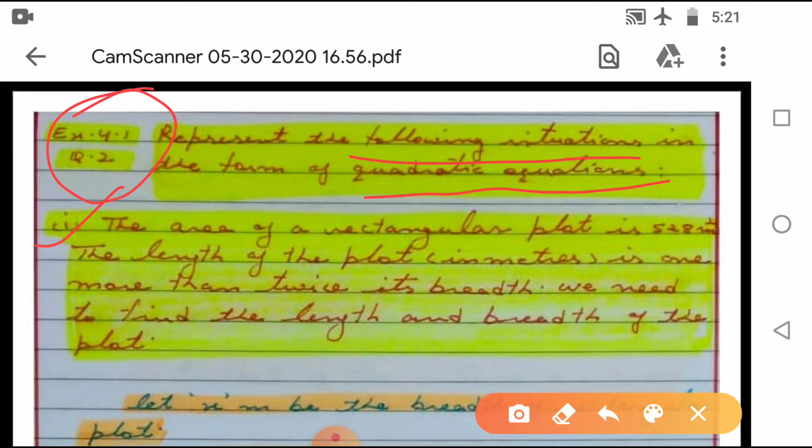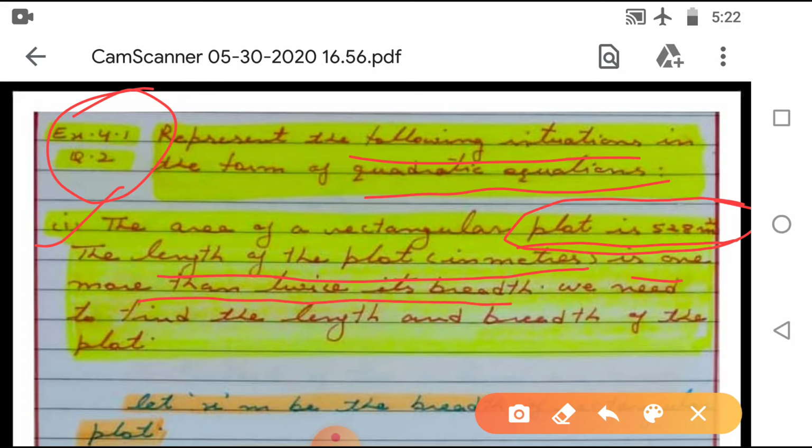And the question is, the area of a rectangular plot is 528 meters square. Clear? The area of a rectangular plot is 528 meters square. The length of the plot in meter is 1 more than twice its breadth.